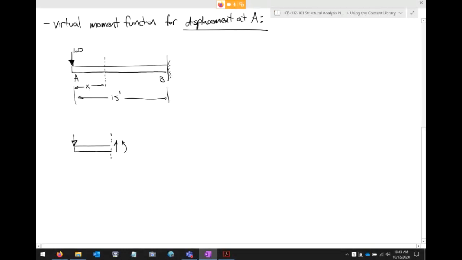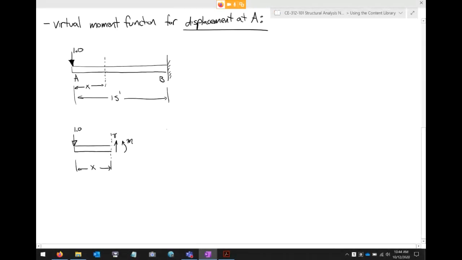I've got 1.0, and this dimension is x. To label these as virtual moment functions, I'm going to use little letters, a lowercase shear and a lowercase m. Again, I don't really care about the shear, but I'm putting it there just to be consistent.